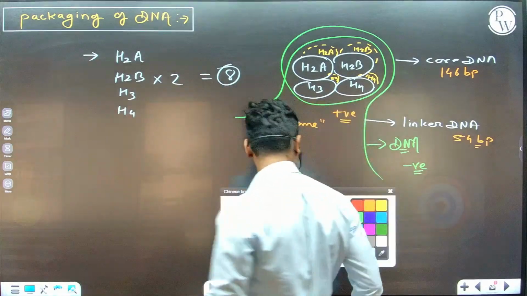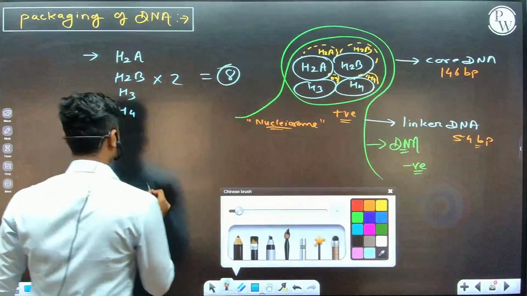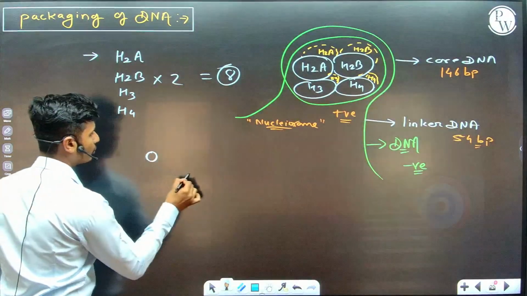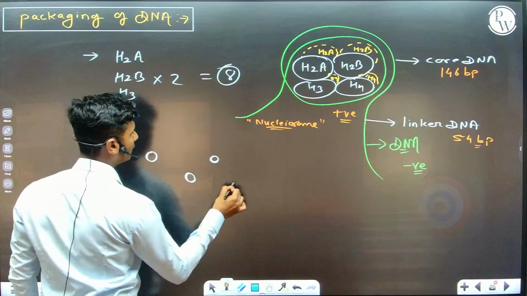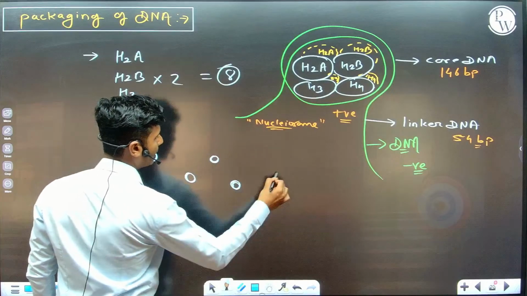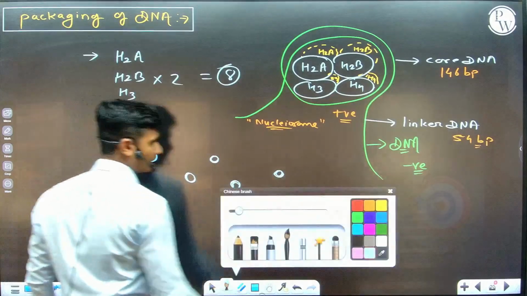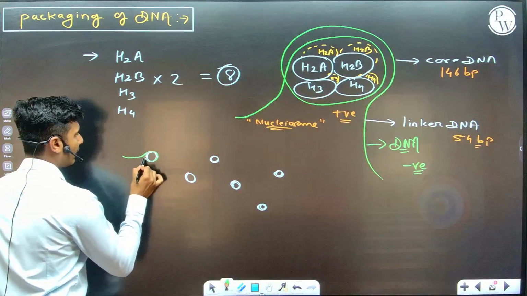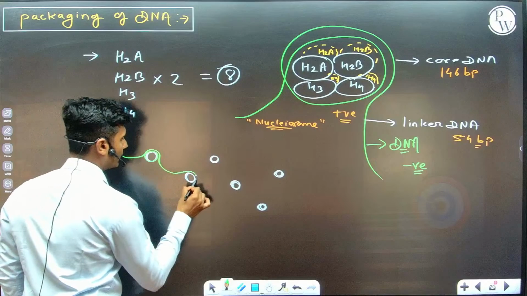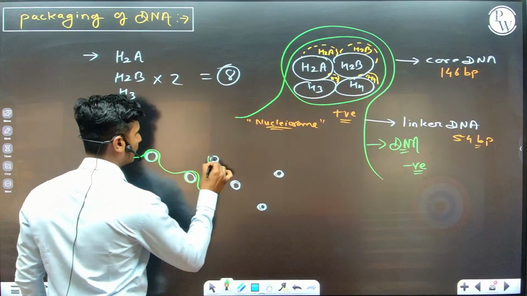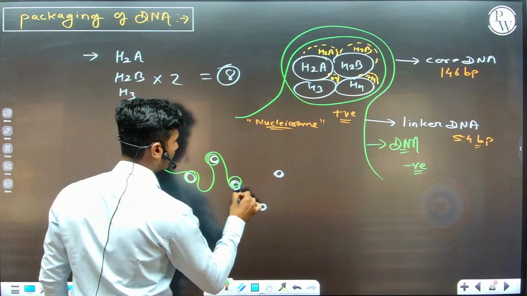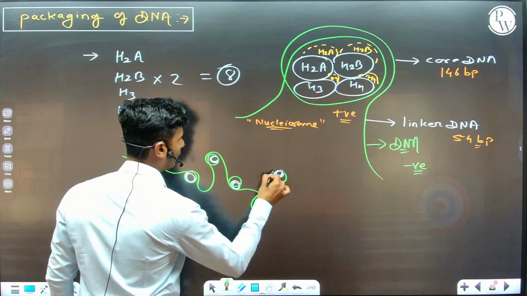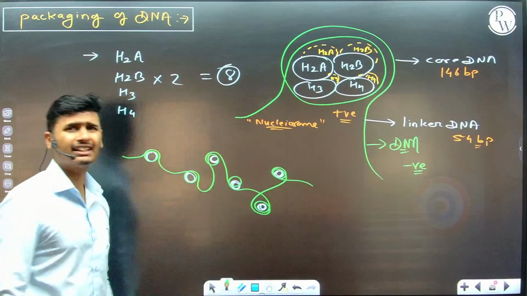So now, this is for example one nucleosome, second, third, fourth, fifth, sixth, and this is DNA coming, one wrap, going. Now how many turns?